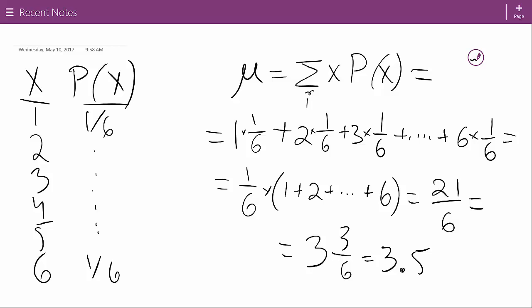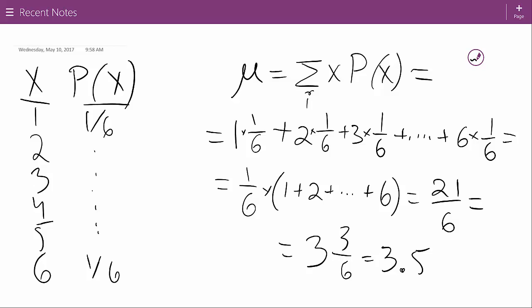If I choose to actually perform the experiment and throw the die many times, I'm going to end up with a bunch of numbers, and if I average them out, I'm not going to get exactly 3.5, but very close. The more I throw, the closer it gets to 3.5, probably.